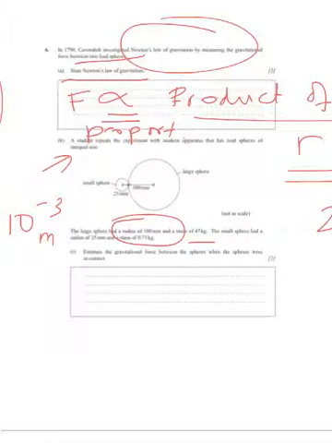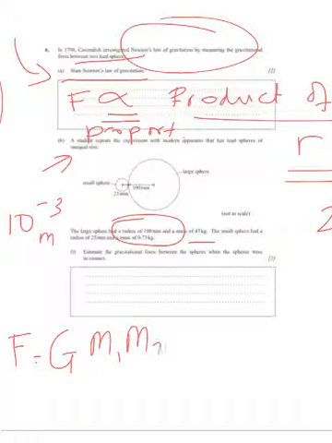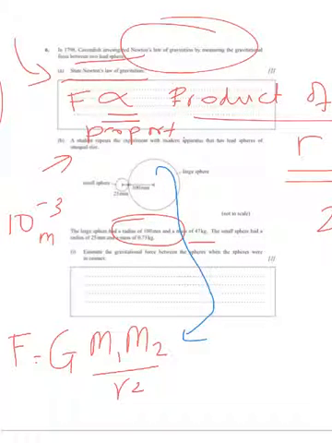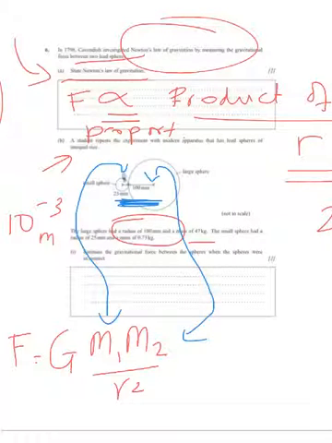Estimate the gravitational force. Well, it's no coincidence that they've asked us about Newton's law of gravitation. So we use F equals G m1 m2 over r squared. What distance are we using? Well, we assume point masses. So the center of each mass is the distance that we consider. So we basically need the distance between the two centers of those spheres.